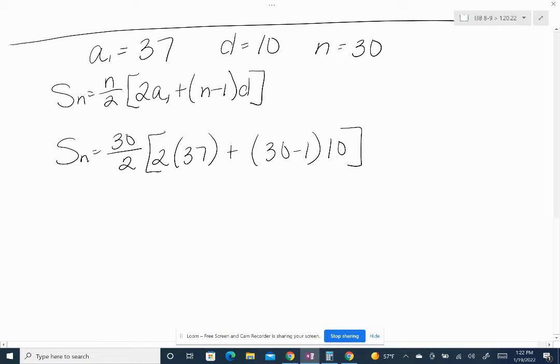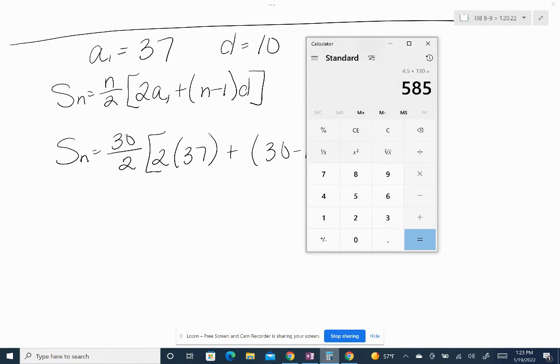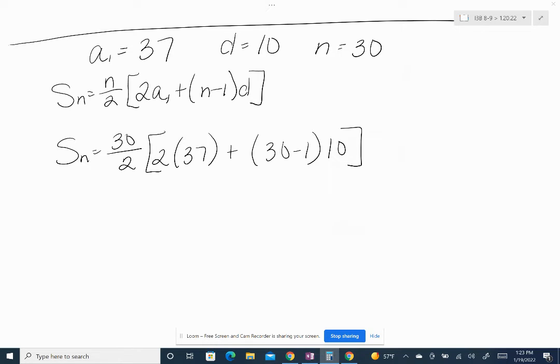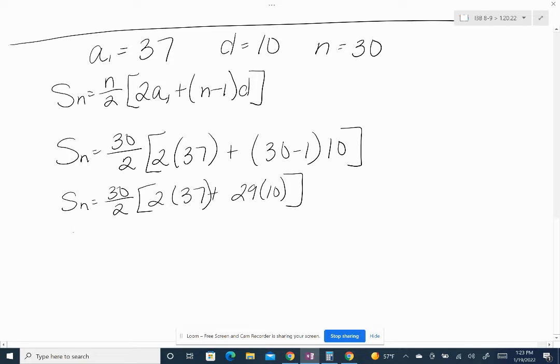We want to keep track of our brackets, kind of keep it separate from everything else. It's all inside the parentheses first, so 29 times 10. I'm going to solve both those multiplication problems at the same time.